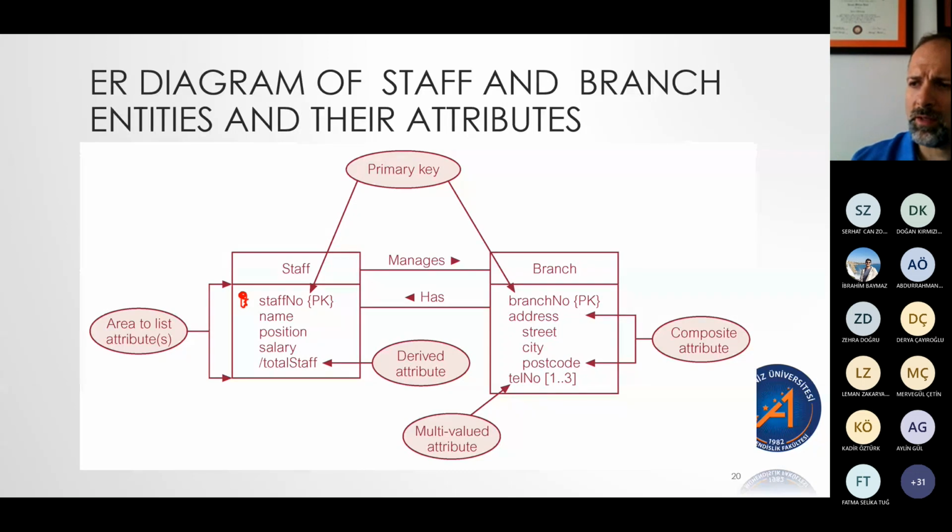Okay. Some other things that we can note: this slash represents a derived attribute. The reason we need to note derived attributes is because sometimes derived attributes are columns in the table, and sometimes they are not.